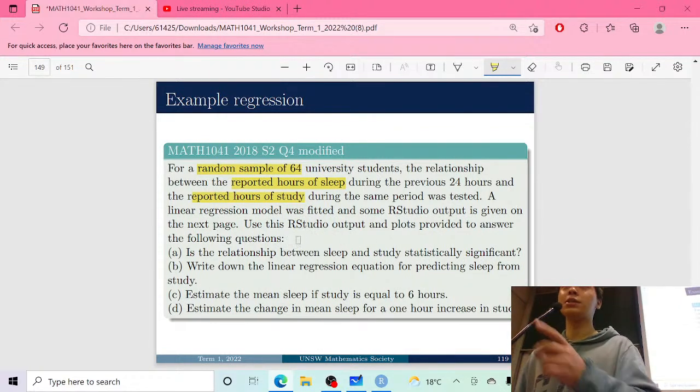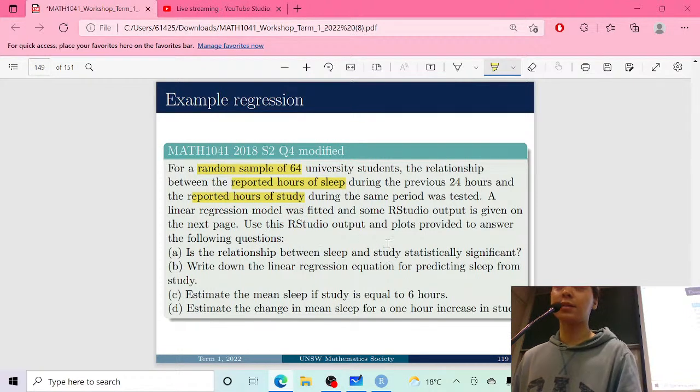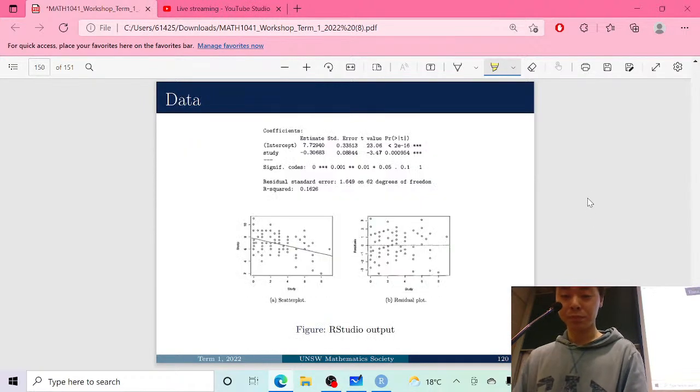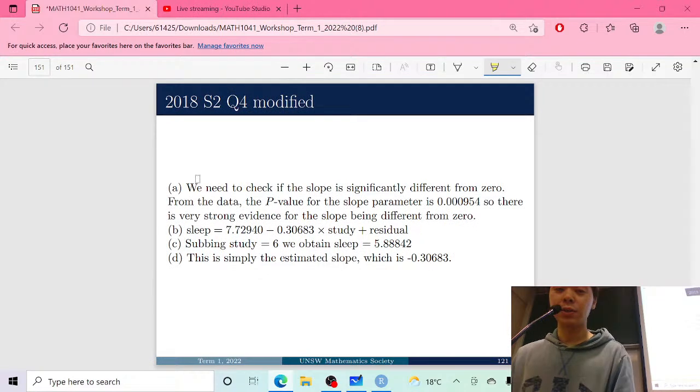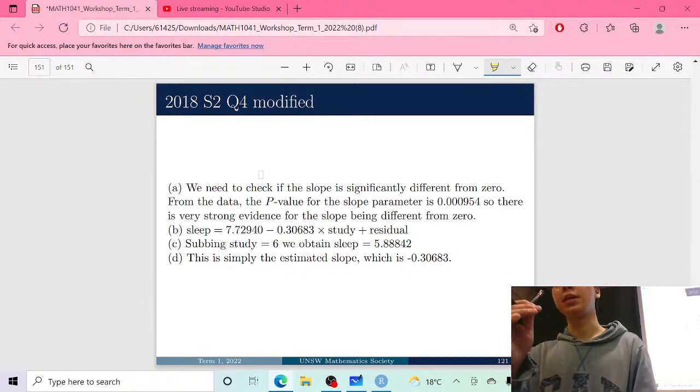So the first question is asking us about the relationship between sleep and study. Is the relationship between these two things statistically significant? So this is our RStudio output. For the first question, we want to determine whether sleep and study have any correlation or are related to each other.